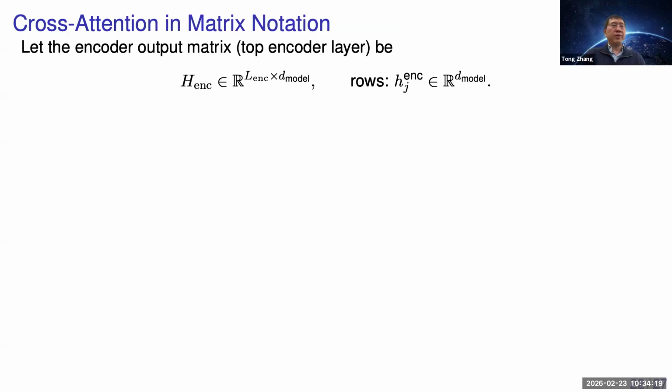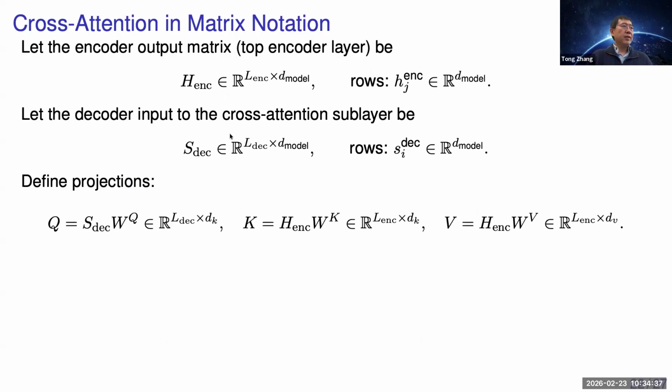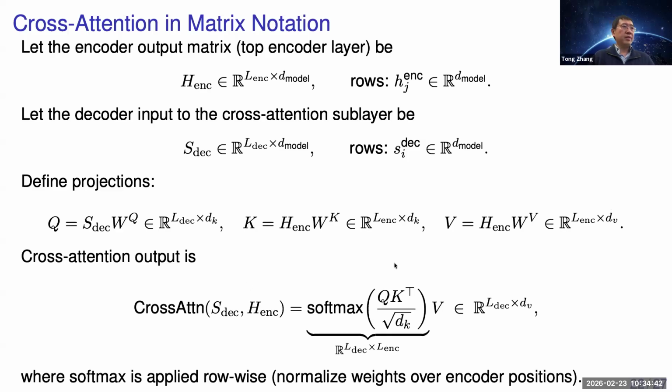Again, this is just for your information only; you have to come back to the math. Basically this says it can be parallelized. You write the decoder sequence as a state, this is the encoder state, and you define the projections and so on. Then this is the matrix form, of the same form.